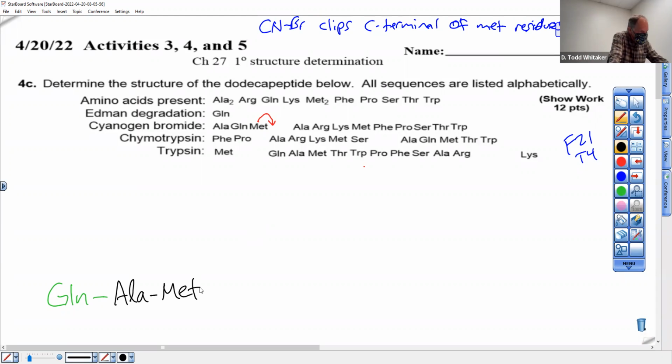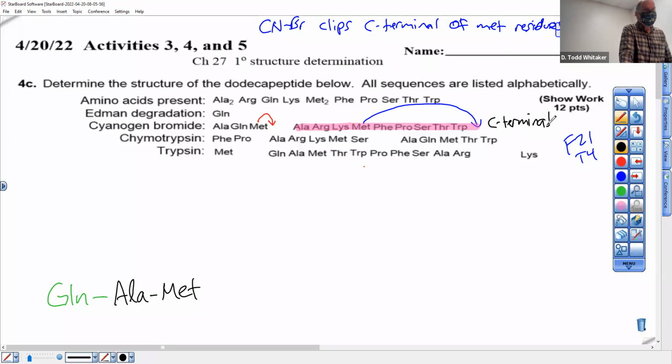Okay, and there's another Met at the end of this, and this whole deal is the C-terminal. You know how I know? The whole deal is the C-terminal because Gln is in the N-terminal. If you forgot, C-terminal is at the right, N-terminal is at the left.